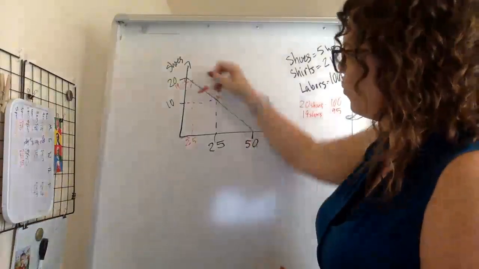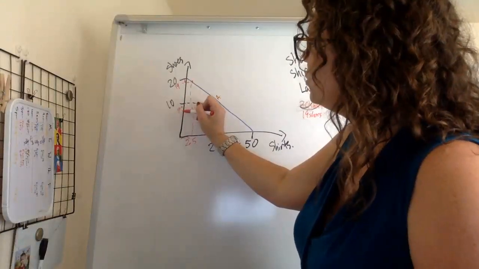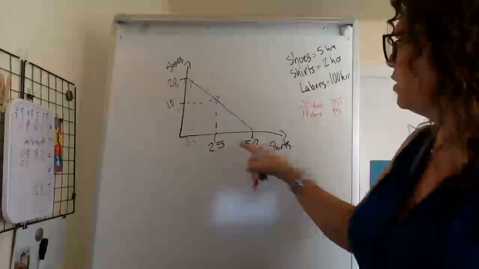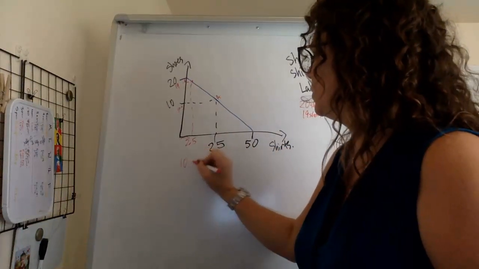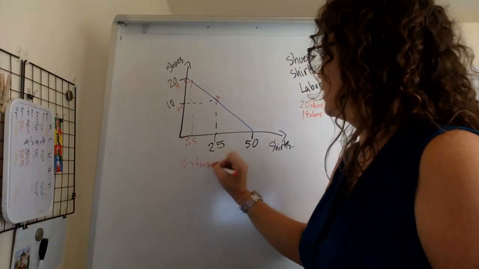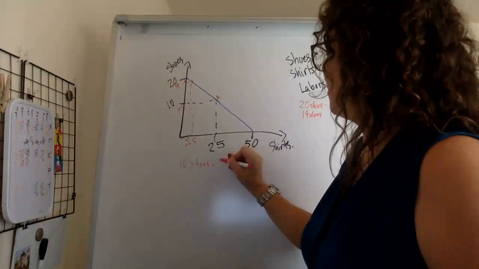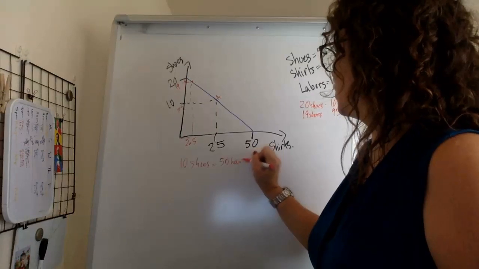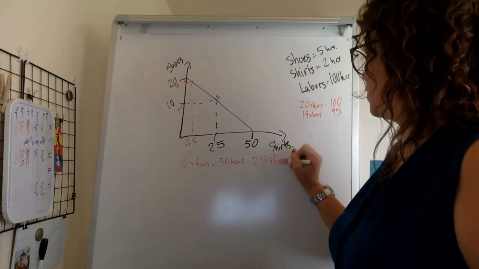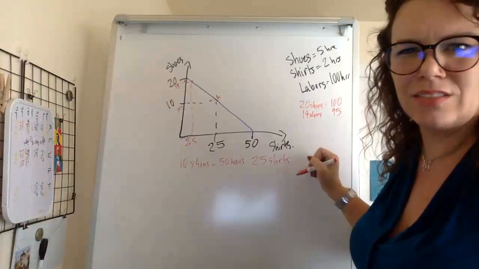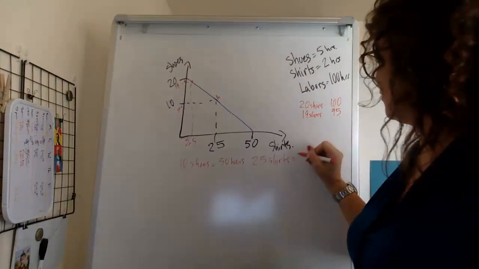We can check it over here. If we have 10 shoes and we want to go down to 9 pairs of shoes, how many shirts will we have? So if we have 10 shoes, that's going to be 5 hours per each pair of shoes. That's going to give us 50 hours, and 25 shirts. You see that, kind of? Is going to cost another 2 hours per shirt, 50 hours.